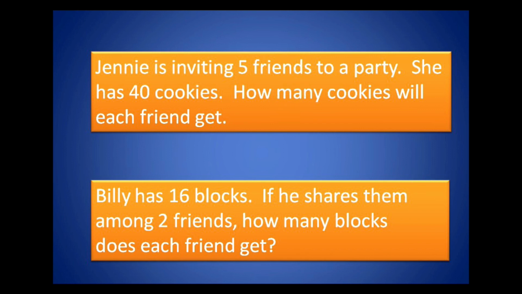Now, let's look at the second one here. Billy has 16 blocks. If he shares them among 2 friends, how many blocks does each friend get? Now, remember, this is an example of division.